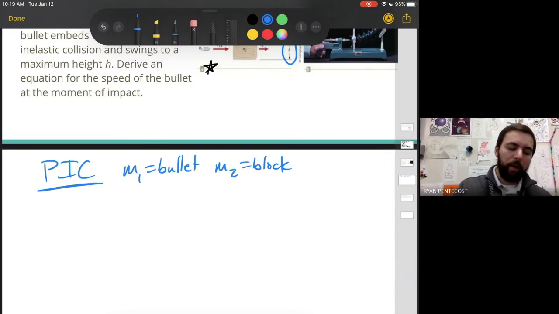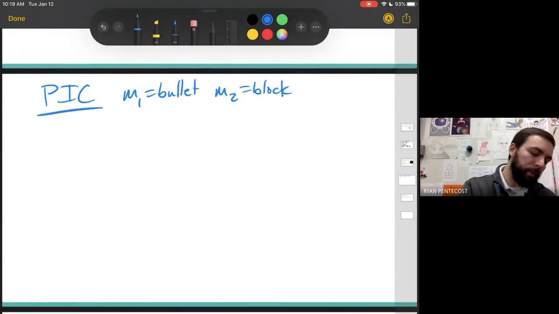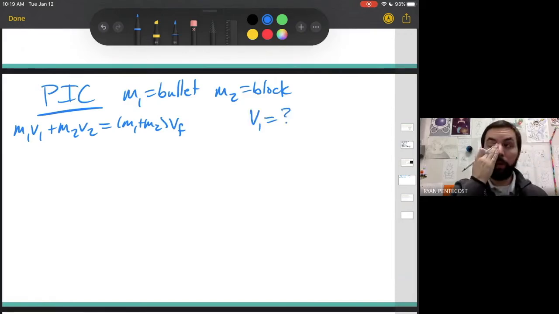There we go. So what we have here is a perfectly inelastic collision, right? We have m1 v1 plus m2 v2 equals the sum of masses, m1 plus m2, times this V final. And what we want to know is the velocity of the bullet before this collision.